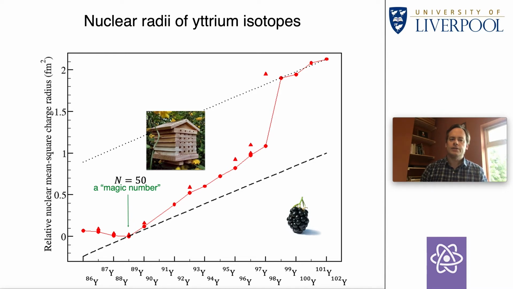This is rather like atoms being particularly stable, with extra energy needed to remove an electron when a shell is full. It makes one wonder whether the nucleus is like a blackberry after all, when it also behaves like a beehive, with the nucleons themselves moving around occupying shells in a similar way to electrons doing so, yet somehow densely packed together.